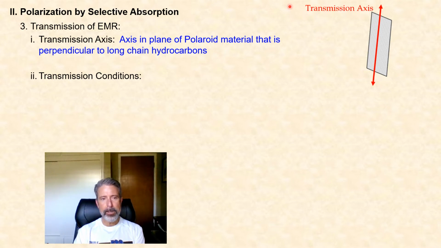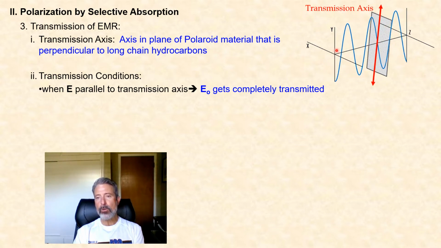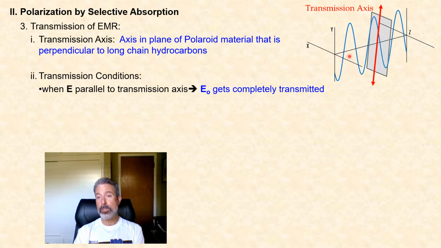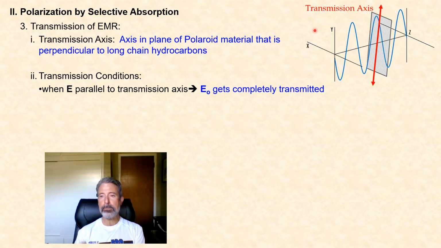When the electric field is parallel to the transmission axis, then it gets completely transmitted. In this simulation, this could represent a single electromagnetic wave, or kabillions of electromagnetic waves that are plane polarized, in which case the electric field is in the direction of the transmission axis, so it will get completely transmitted.